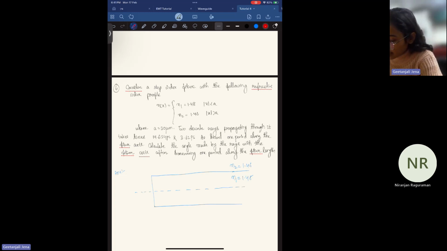Now when we incident a ray at an angle, it will go in a straight line because it's a step index fiber. So what is the time period now here? The time period is the total time taken to travel this distance, up to here.